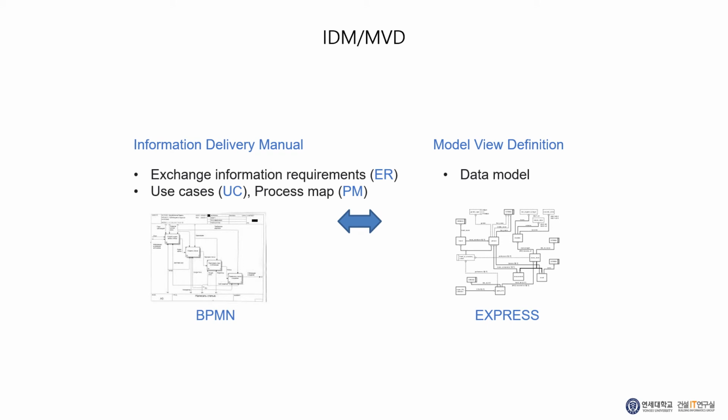So in the Information Delivery Manual, exchange information requirements are referred to as ER, usage scenarios or use cases are referred to as UC, and the process map is referred to as PM. And it uses BPMN as a standard process map notation.